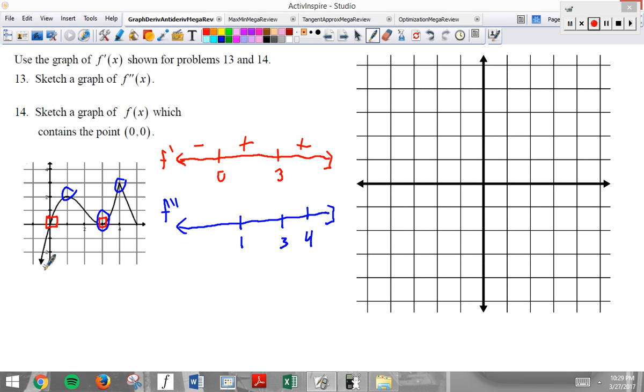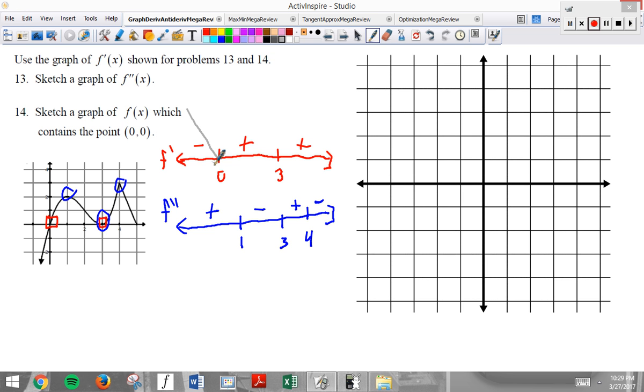Okay. Slope of F prime is positive. Slope of F prime is negative. Slope of F prime is positive. Slope of F prime is negative. And that sharp turn is going to funky up maybe a bit. We'll see.